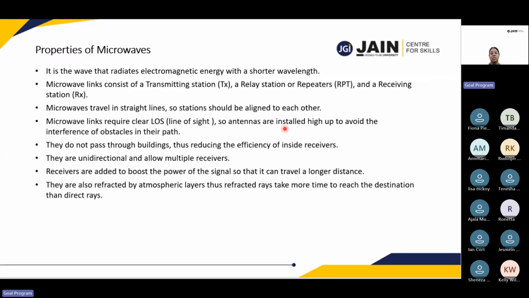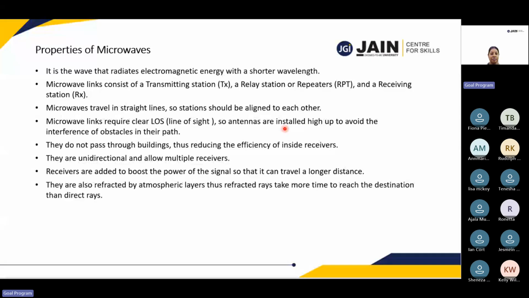That is what is called unidirectional. Only you will speak, I'll only listen. The same way, one is sending and others are receiving. So they have multiple receivers, multiple listeners, but only one can send data. They are unidirectional and allow multiple receivers to receive the data.